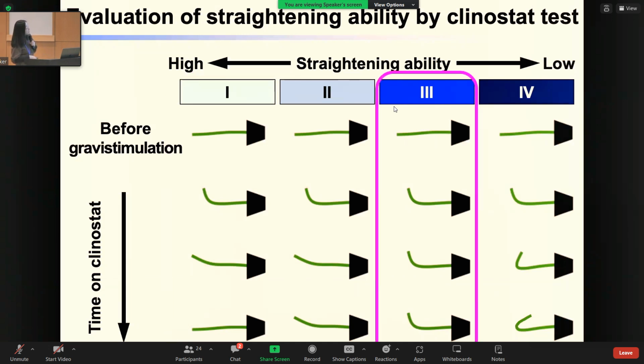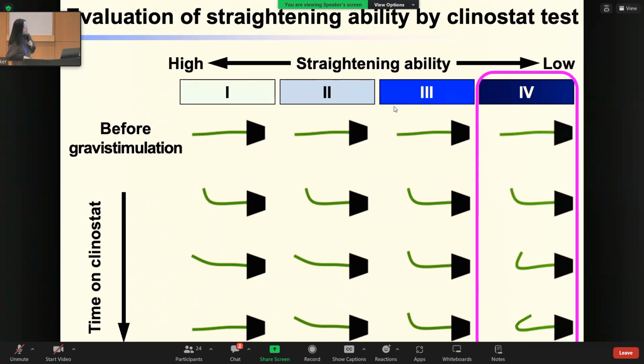Pattern 3 indicates a slight deficiency in the straightening ability of the stem, in which the stem maintains the bent shape at almost the same angle during clino rotation. And pattern 4 indicates a severe deficiency, in which the stem continues to bend during clino rotation, and in some cases assumes a coiled shape.